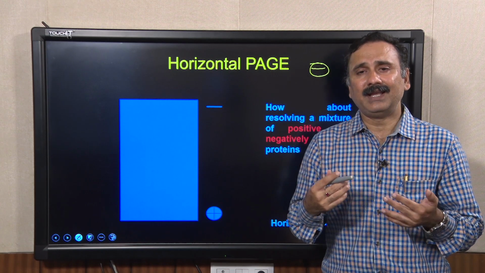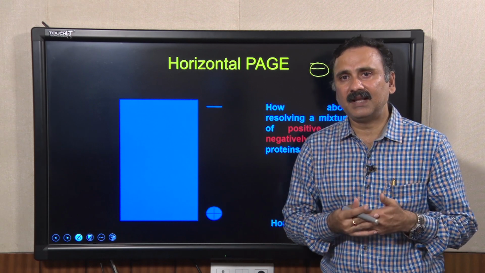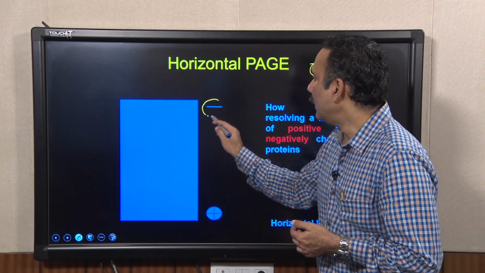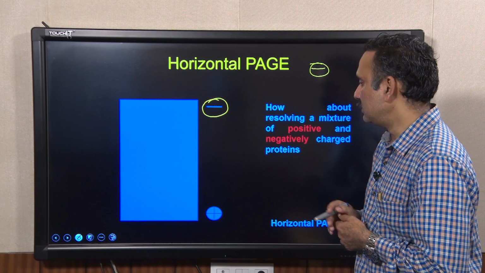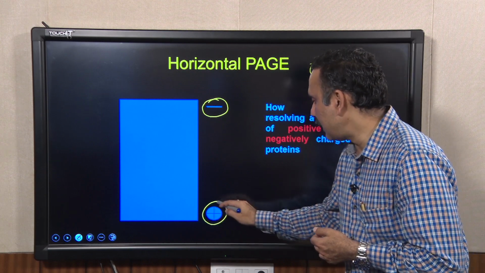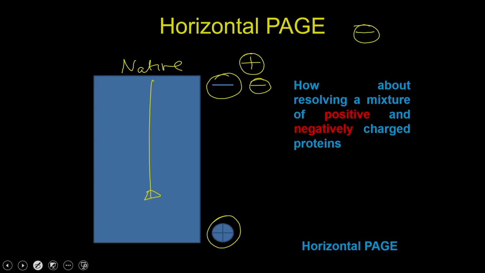But you know that the electrophoresis apparatus has a negative electrode at the top and the positive electrode at the bottom. What will be the condition if you have a mixture with positively charged as well as negatively charged proteins?